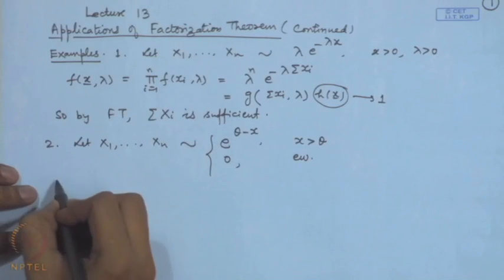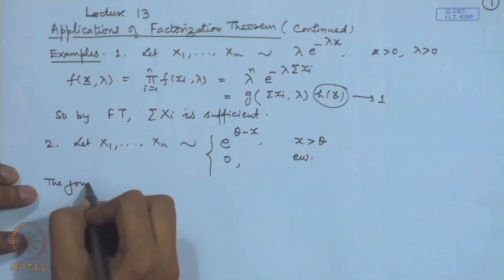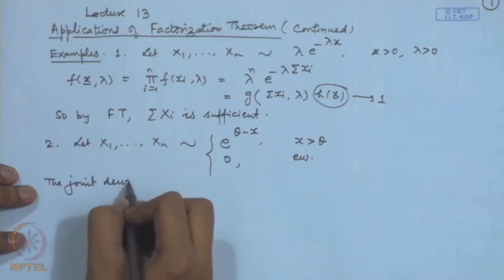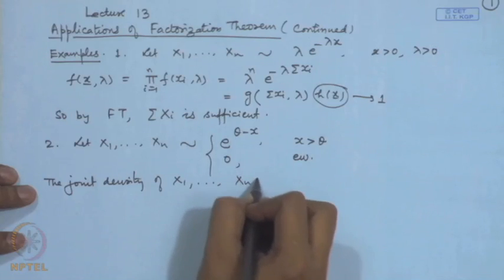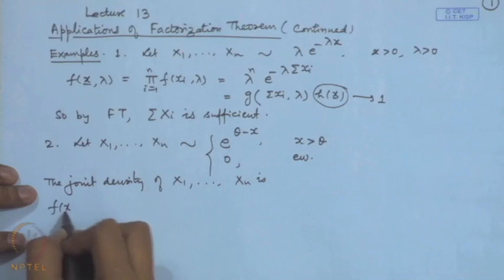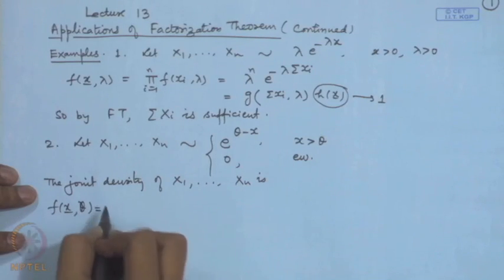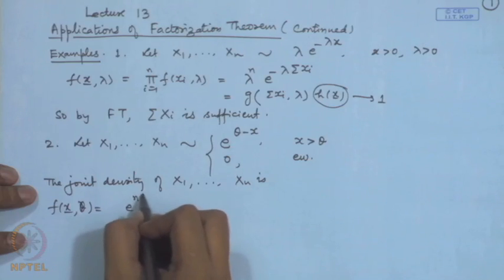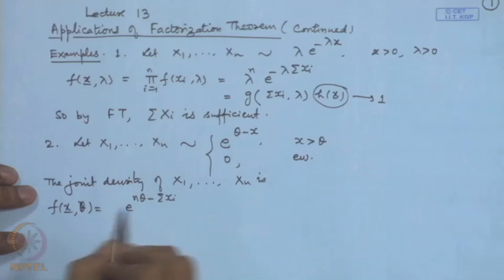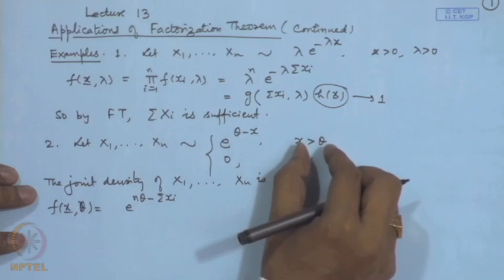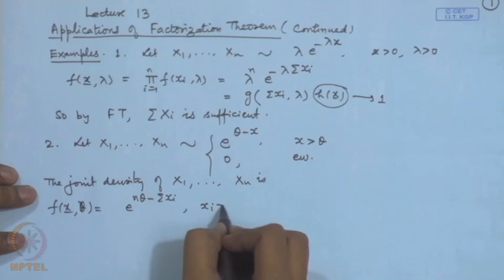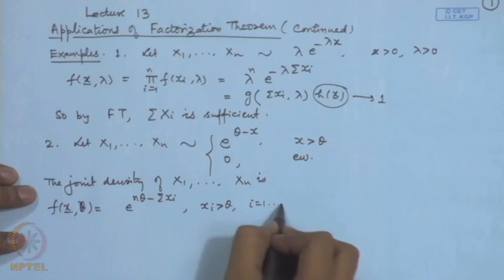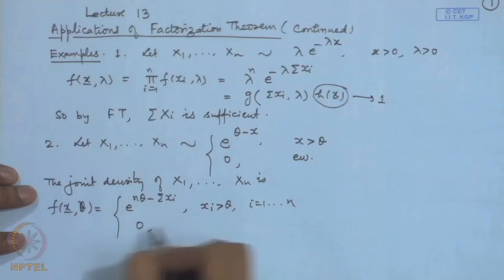In this case the joint density of X1, ..., Xn is f(x, theta) equal to e to the power n theta minus sigma xi. However, the condition xi greater than theta also plays a role here.